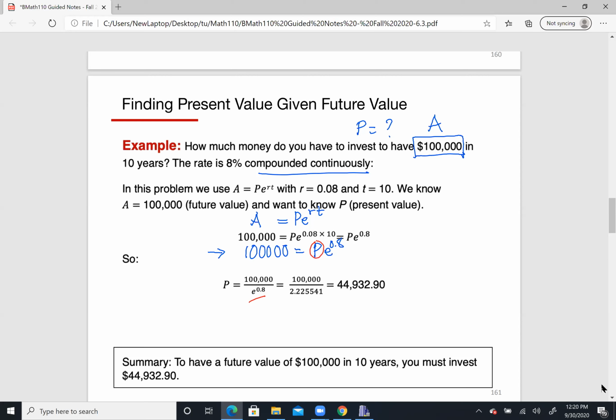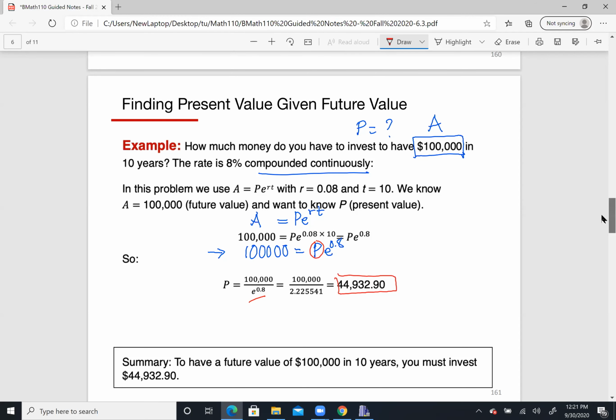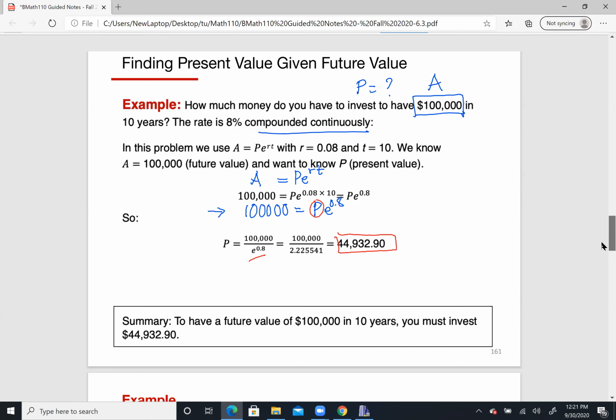Use a calculator and you will get 44,932.90. It means you have to invest 44,932.90 in order to get 100,000 in 10 years, right? So that is about this problem. Let's move on.